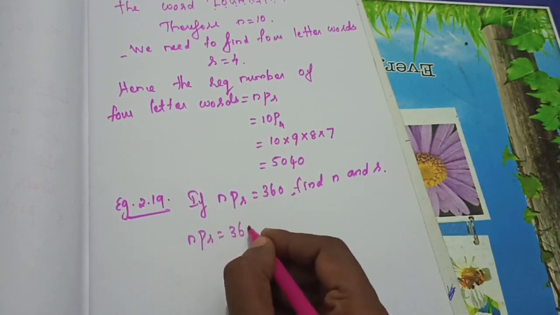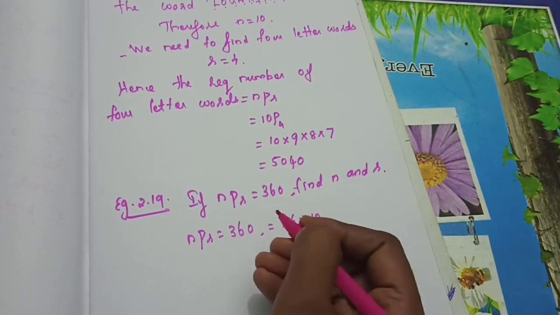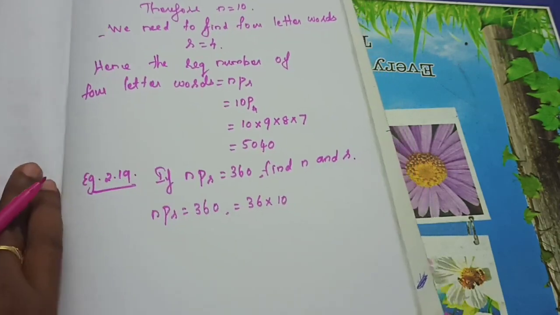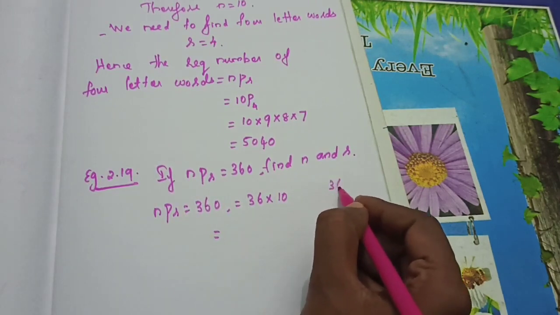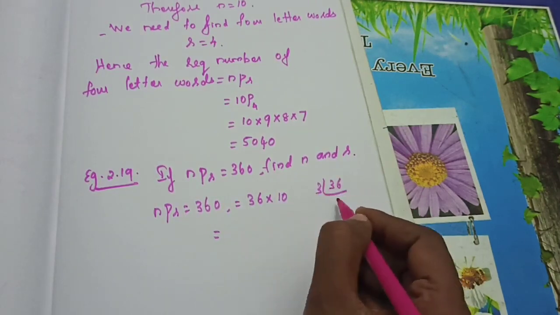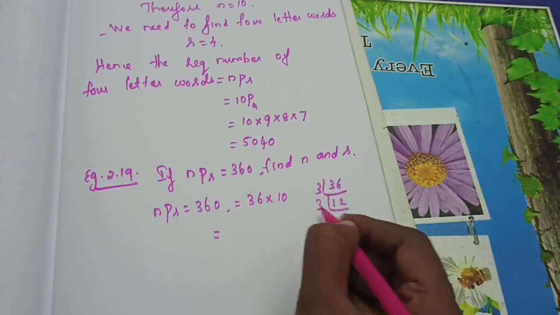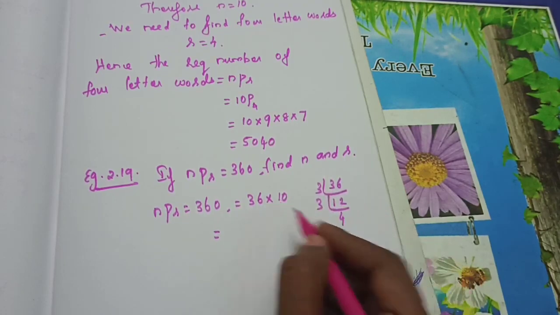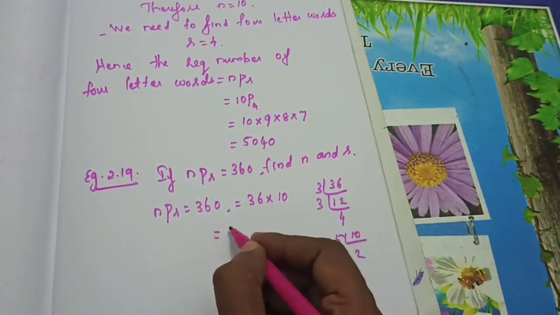Shall I write 360 as 36 into 10? We can split 36 as 3 into 3 into 4, and 10 as 5 into 2.